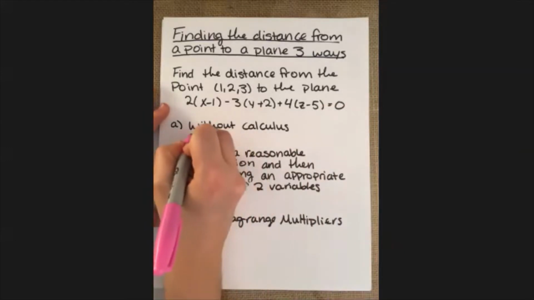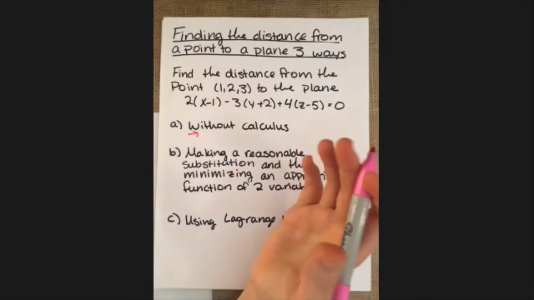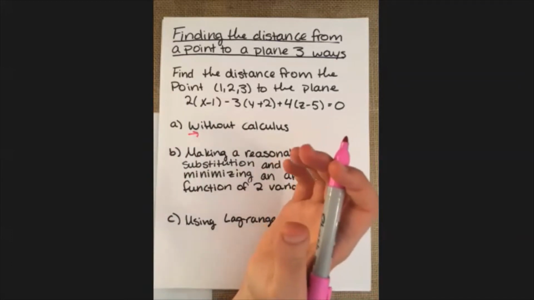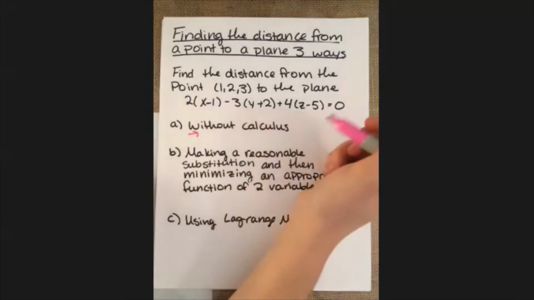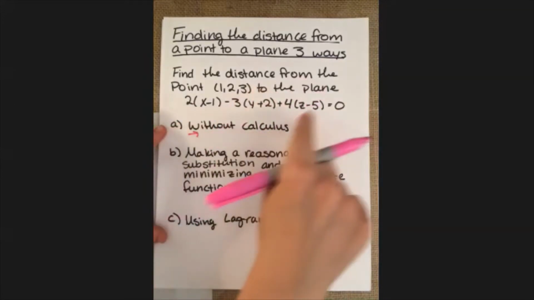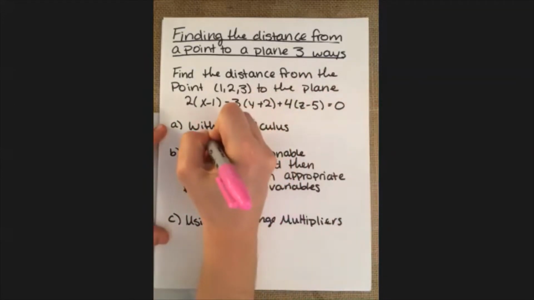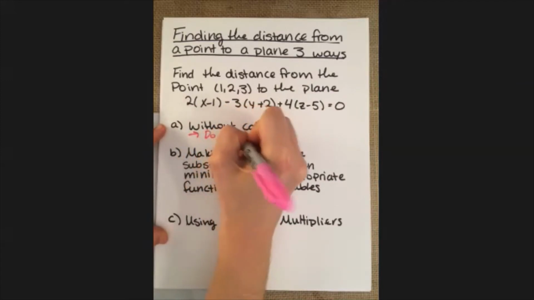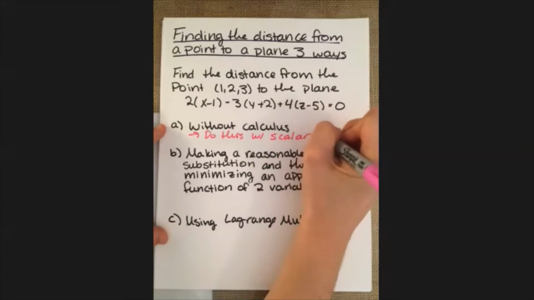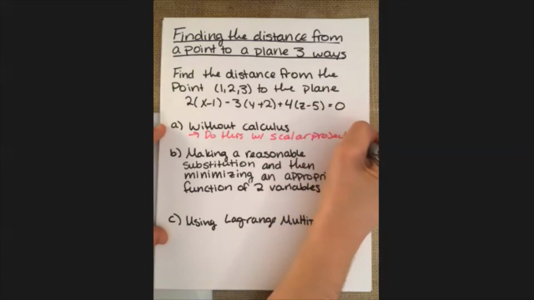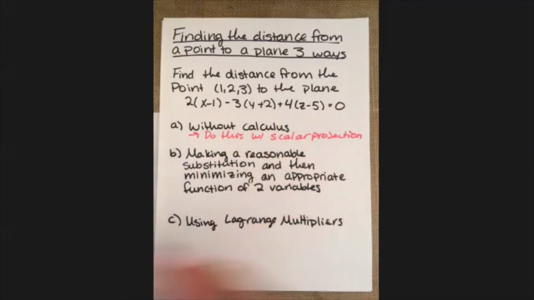You can really just use the scalar projection that we talked about in my video where I compare and contrast scalar and vector projection. So check out that last example there to figure out how to do part A of this problem. We do this with the scalar projection, as shown in my other video.